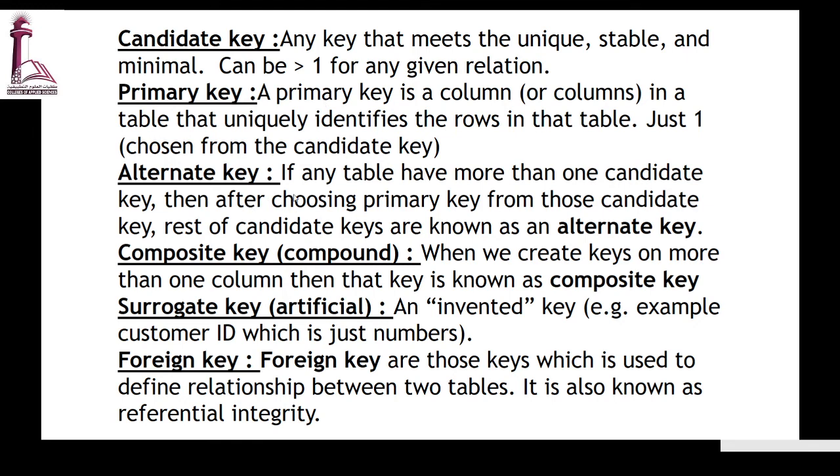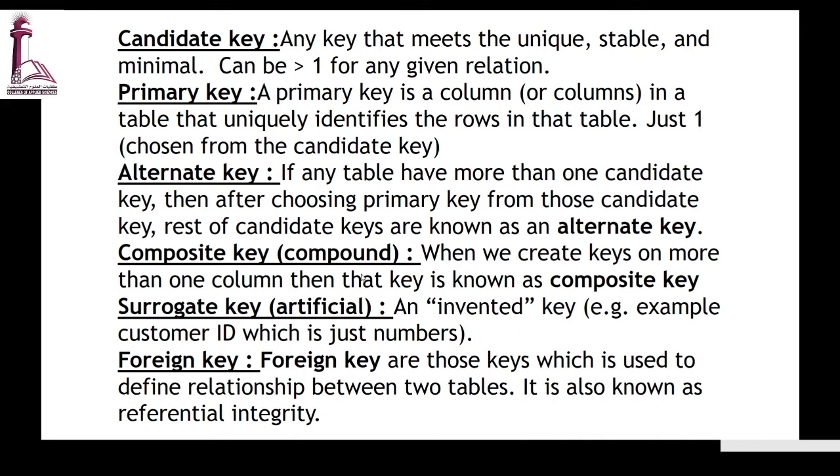And then alternate key. If any table has more than one candidate key, then after choosing the primary key from those candidate keys, the rest of the candidate keys are known as alternate keys. So among the candidate keys, those which are not selected as the primary key are all called alternate keys.